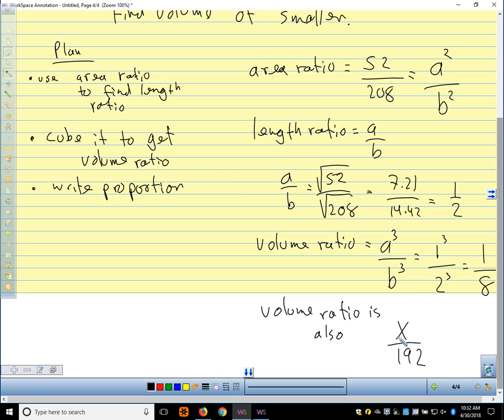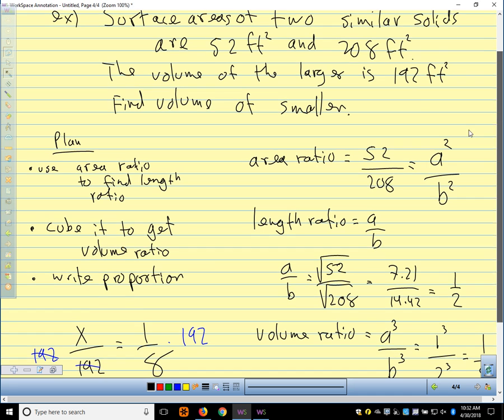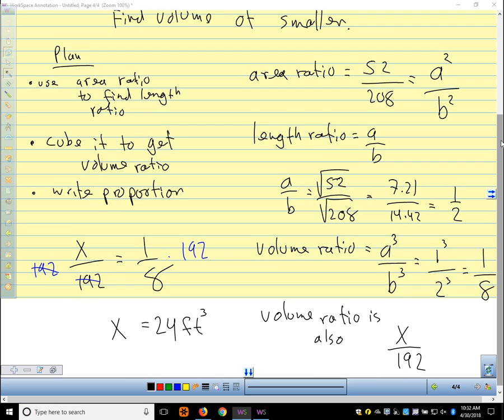These two volume ratios are the volume ratios of the same two similar solids, so they have to be the same. We're going to write a proportion now. X over 192 equals 1 over 8. Multiply both sides by 192. Those go away, and I get x equals 192 divided by 8, which is 24 cubic feet. 24 is smaller than 192, which is good. We shouldn't get a bigger volume for a smaller solid.